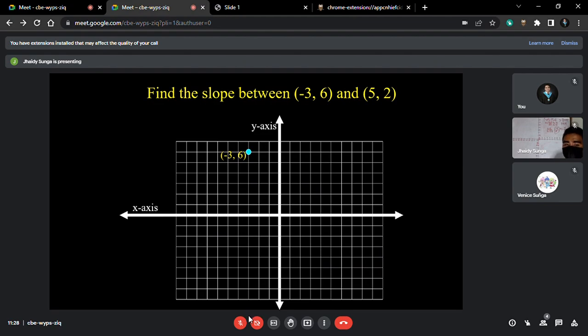Next, this is our 5 and 2. We just said that our slope is, what is our slope?